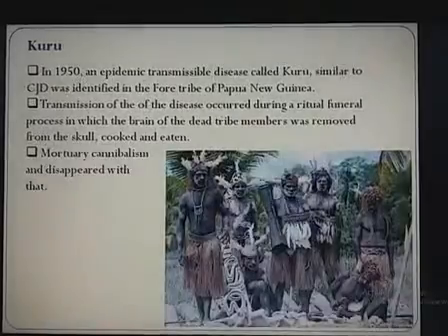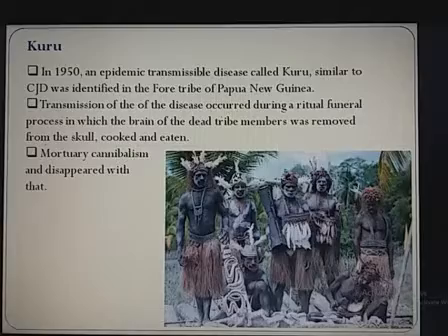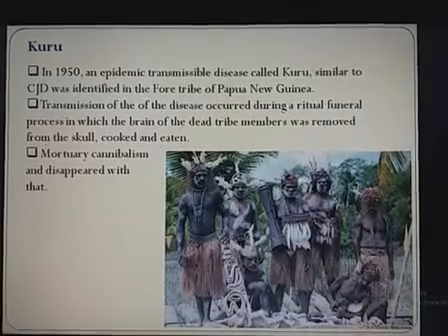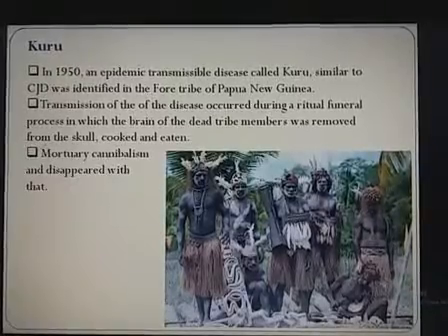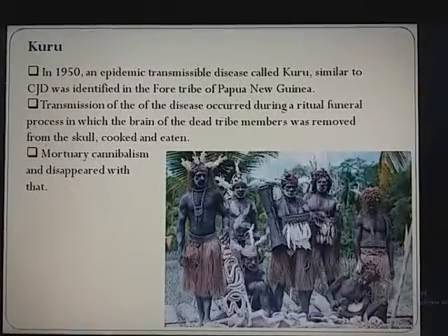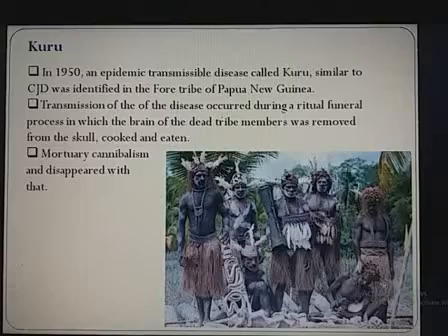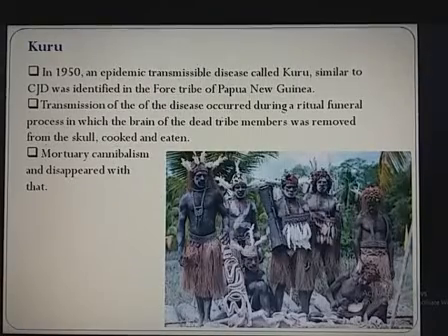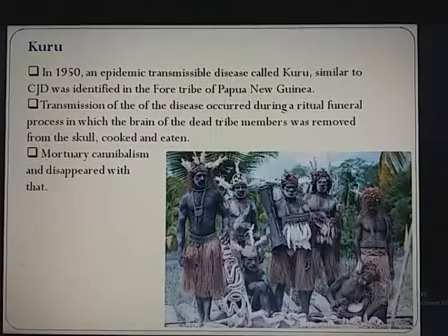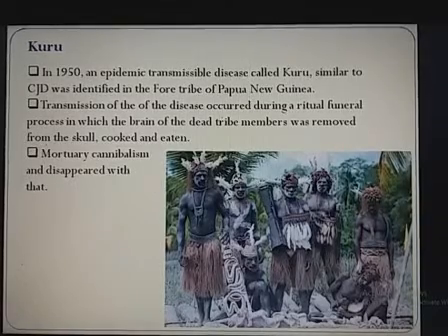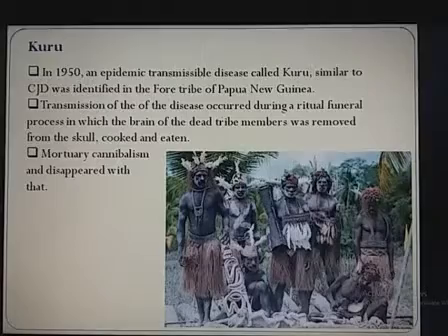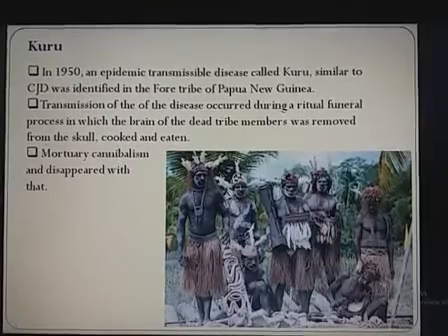Okay. Now another example comes from a particular disease which is very much endemic in the Fore tribe of Papua New Guinea. That particular disease is known as Kuru, and the recognition of that particular disease came in the year 1950.